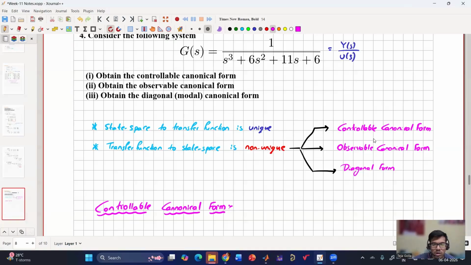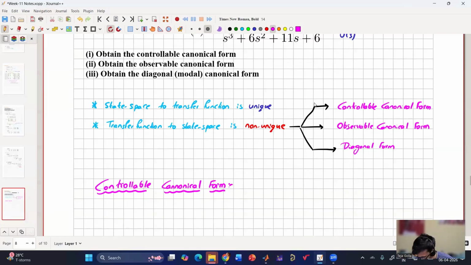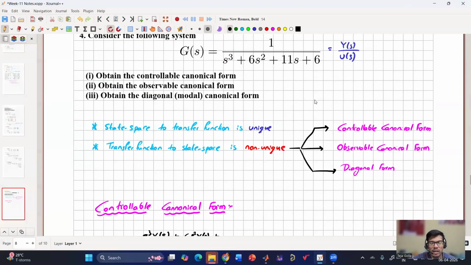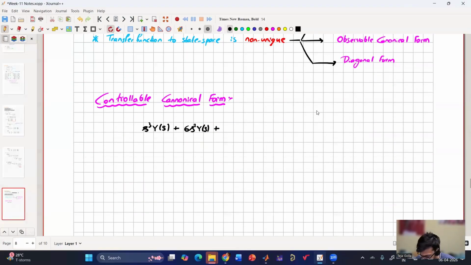So s cube into Y of s. If we do that, we'll get s cube Y of s plus 6s square Y of s plus 11s Y of s plus 6Y of s equals U of s.